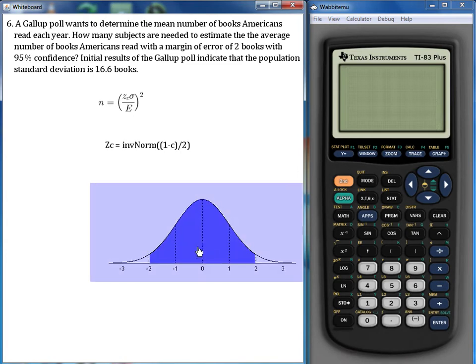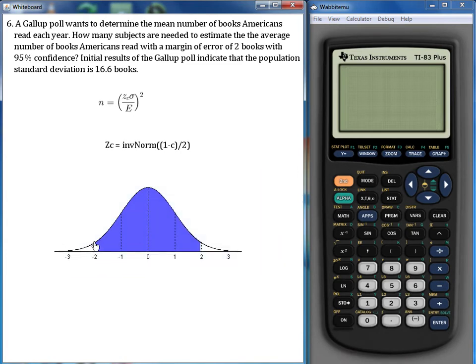So for instance, here I have a normal distribution of data, and I have approximately 95% of the overall data within a certain number of standard deviations of the mean. Underneath the entire distribution is 100% of my data.